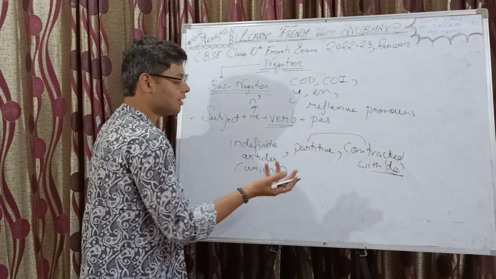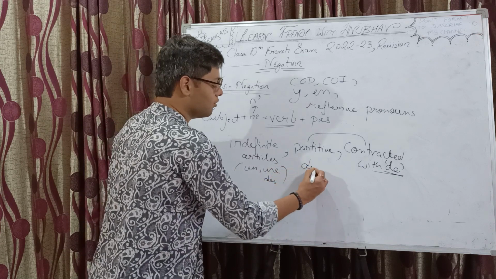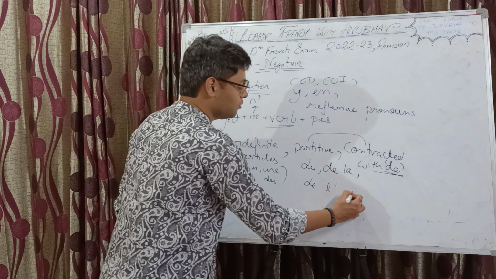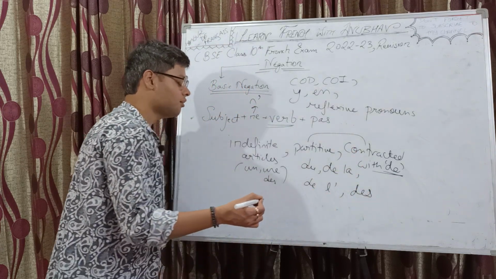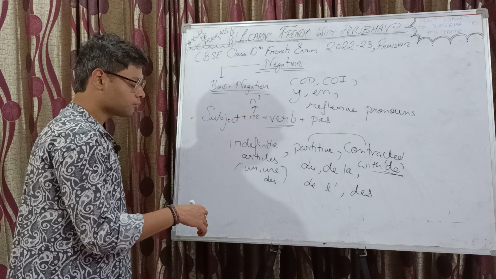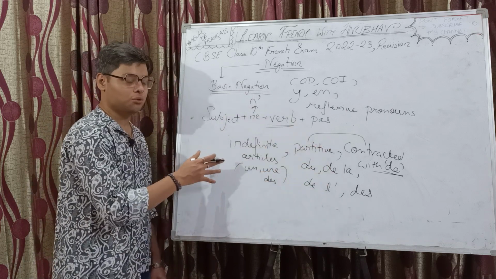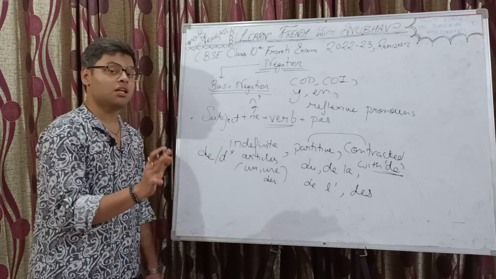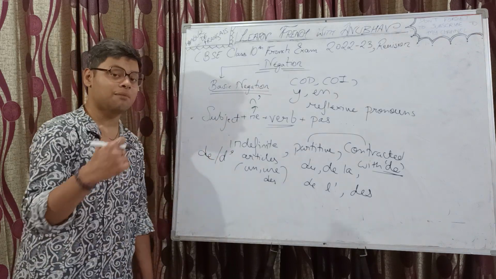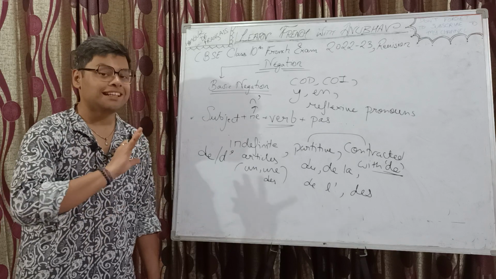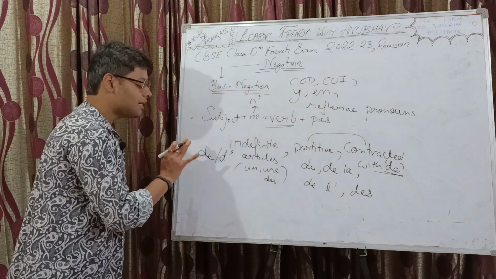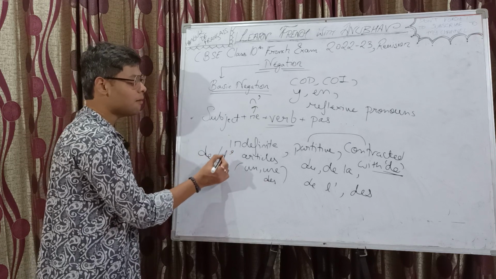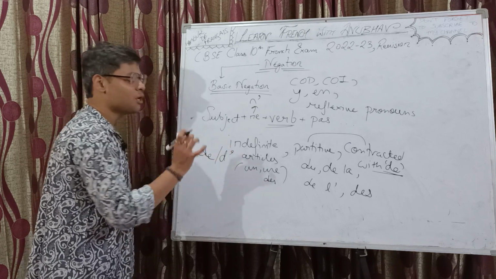It's just that the application is slightly different, but they are pretty much the same. Du, de la, de l'. These will change to de or d', irrespective of the noun followed by it, whether it's masculine, feminine, plural, singular, it does not matter. It will be either de in case the word begins with a consonant, and d' in case the next word begins with a vowel.